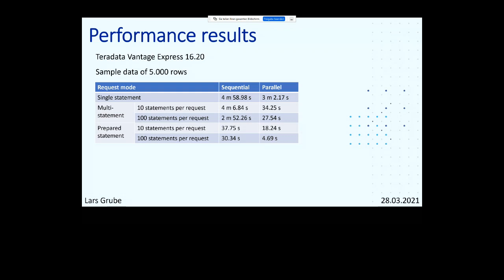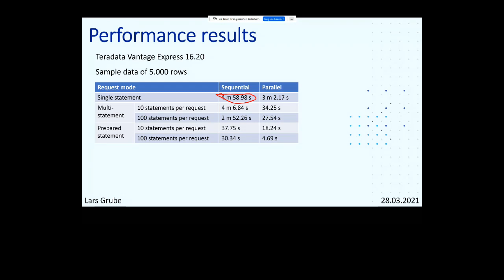When we take a look at the first one, namely performing a single statement request mode in a sequential manner, we see this is by far the slowest one, taking almost 5 minutes for a sample data set of 5,000 rows on this notebook here. And we can see that parallelizing the request already makes a considerable difference by reducing the time taken by approximately 2 minutes.